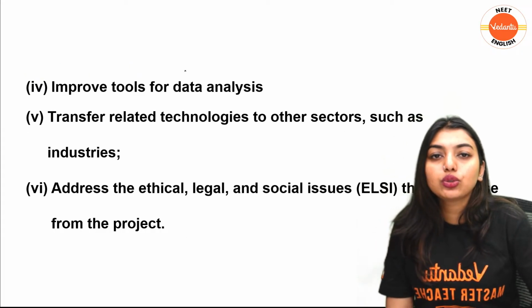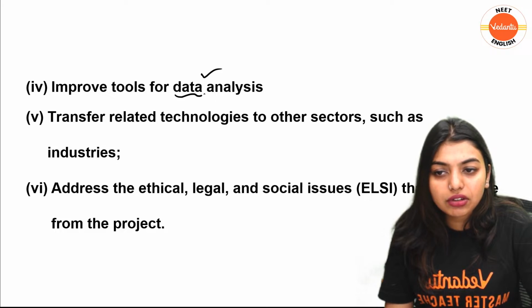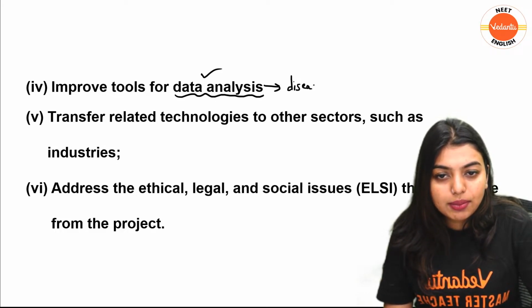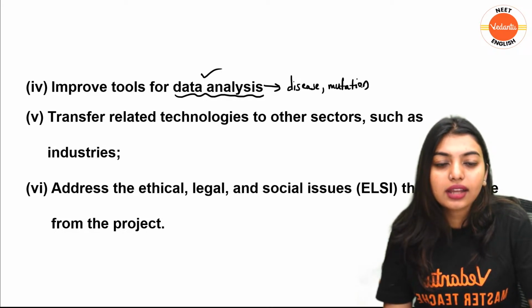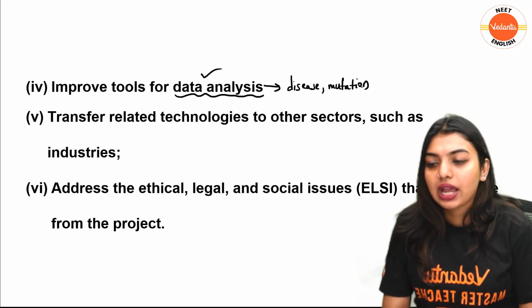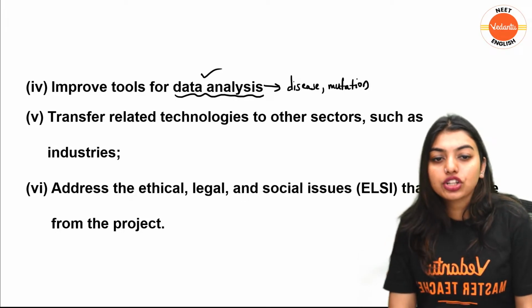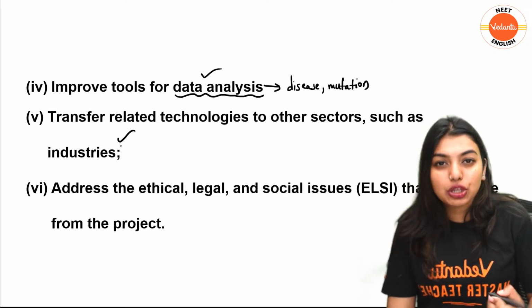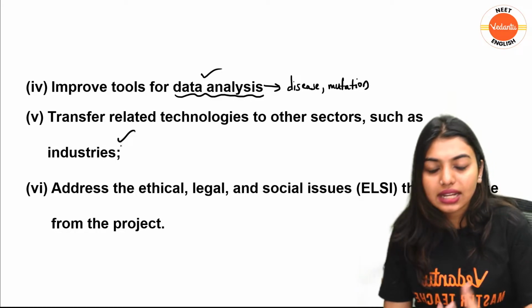Improve the tools for data analysis. This way we will be able to understand our diseases better, mutations better. So many things would be understood better if we have an entire database of our genome. Transfer related technologies to other sectors such as industries to develop better equipments, medicines, drugs, etc.